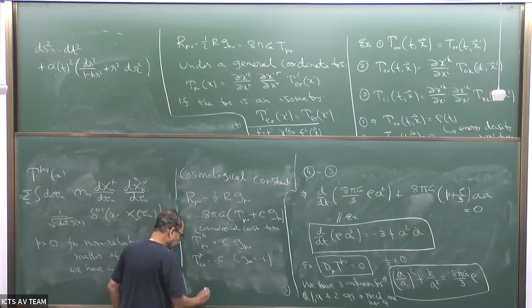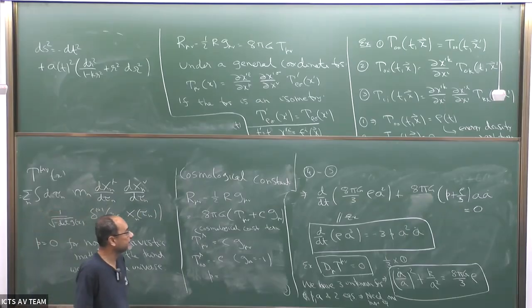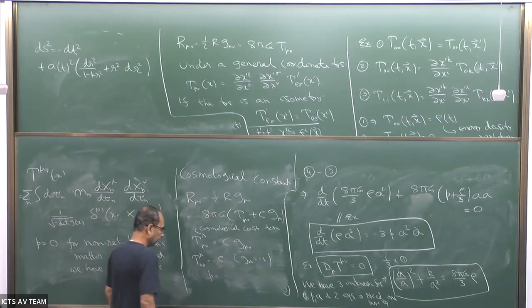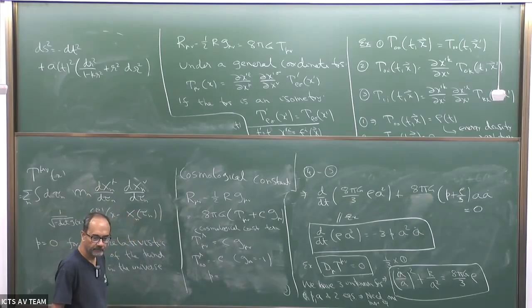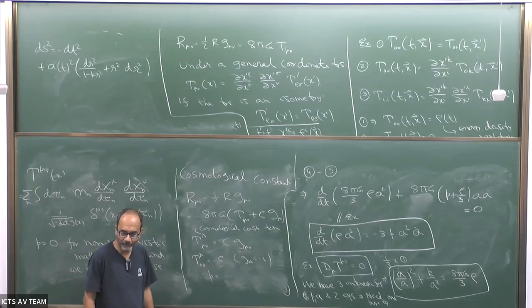What is P? P is even easier to read out. Definition of P, you remember? T ij is P times g ij. That was the definition of P. So what is P for this case? C. I have no trick here. T ij equal to P times g ij, that's how we defined it.